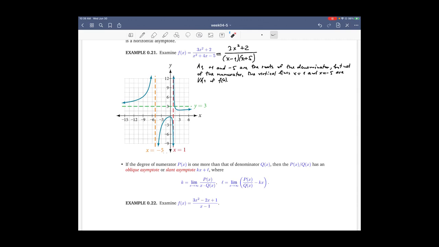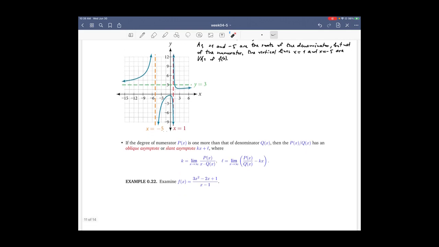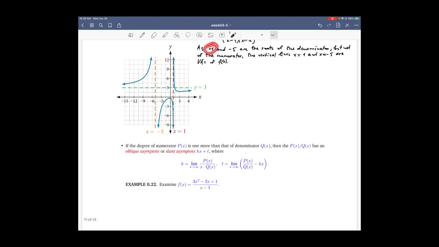I always recommend that you compute one-sided limits at your vertical asymptotes. Say, for instance, let's work with the vertical asymptote x equals 1. Let's compute the limit at 1 from the right of f and from the left.